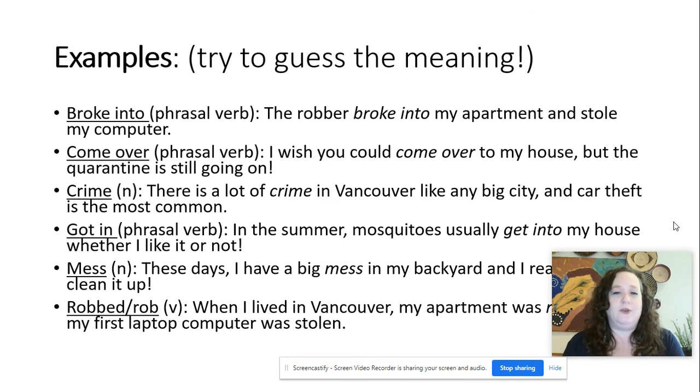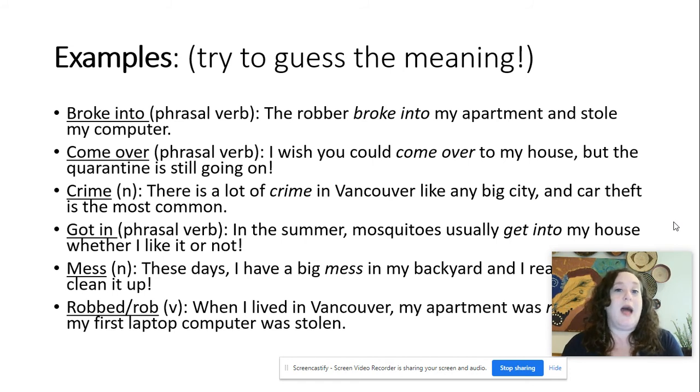Okay, so using the sentence, do you get a feeling about this meaning? To my house, come over to my house. And if you notice the conjunction but shows that the second part is opposite or contrasting to the first part.